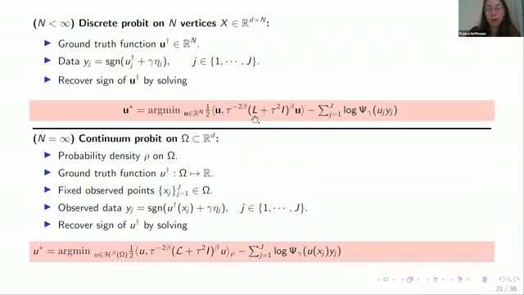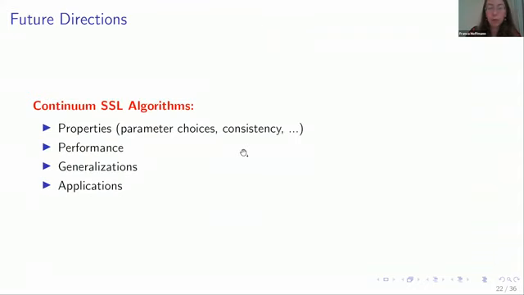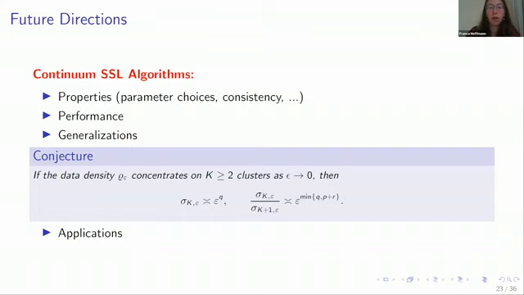And instead of the graph Laplacian, you're using this weighted elliptic operator that you obtain in the continuum limits. This is still ongoing work, where we're looking at the properties of these algorithms, parameter choices, consistency, and so on, and then, of course, how they perform in actual application settings.